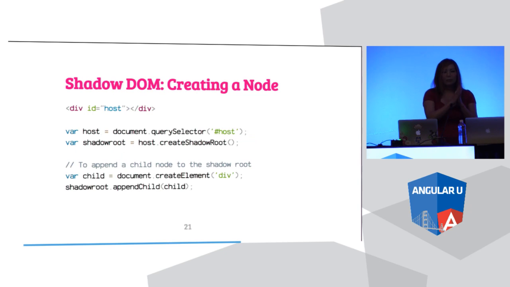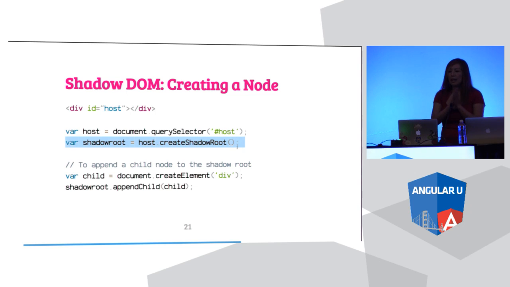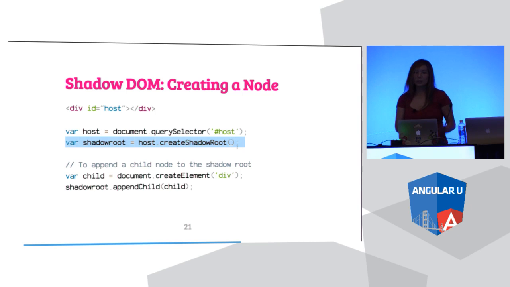You get a div, but I don't call it parent this time. Let's say the ID is host, because this element is now becoming a host element for the shadow DOM. So var host equals document.querySelector for the ID host, and now creating var shadow, the host creates a shadow root. So now you're making it all private.